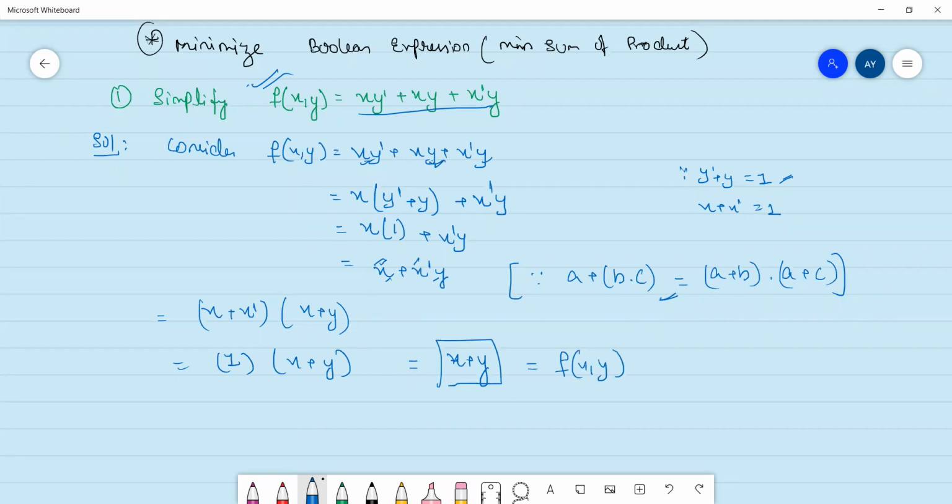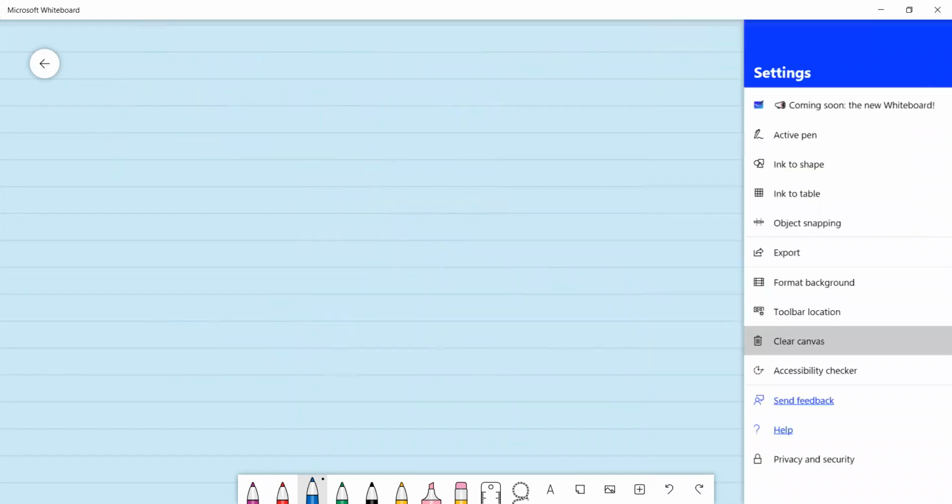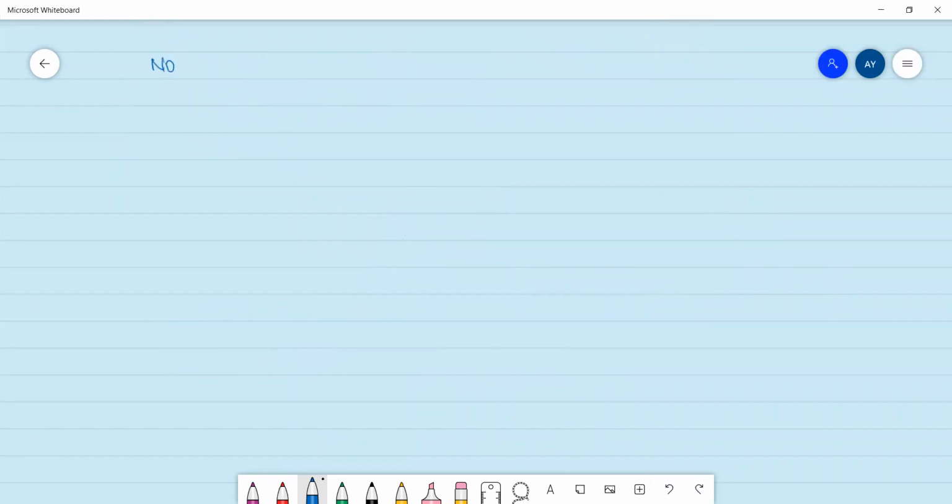Now note this point. Whenever you have f of 1, 1, that is x is true and y is true, from the previous example this equals x y' plus x y plus x' y. Now if x is 1, y will also be 1, x' will be 0, y' will be 0.